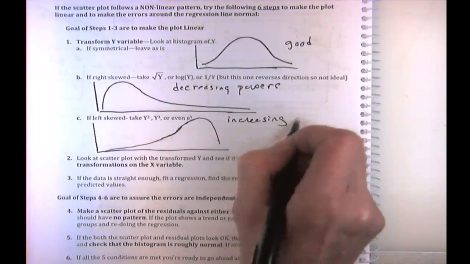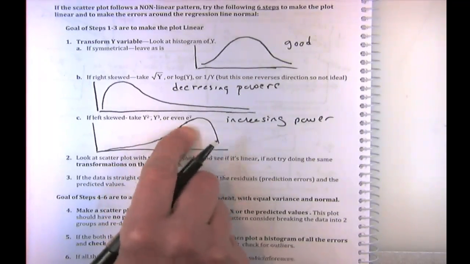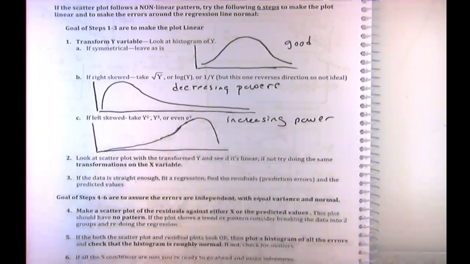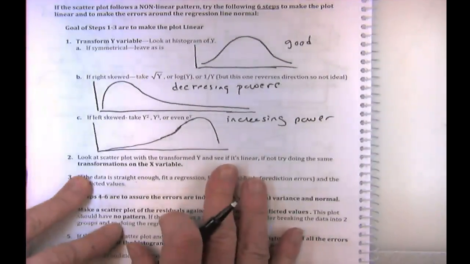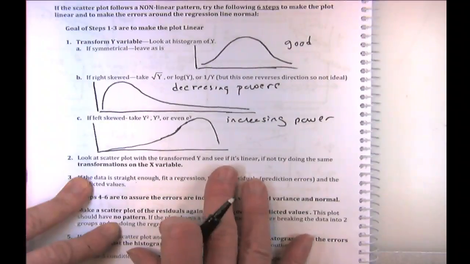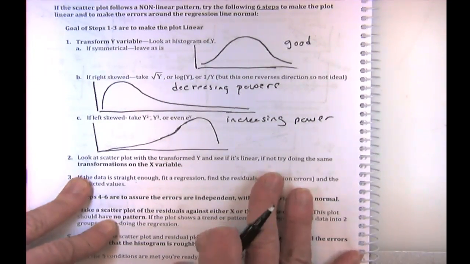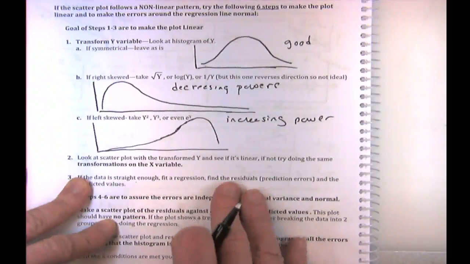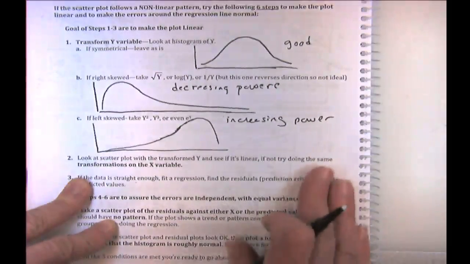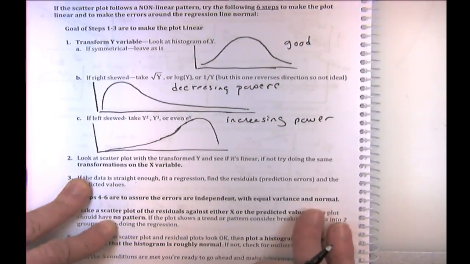And you'd start with y squared. If that didn't work, you could cube it or even put y in the exponent. Okay, so then you look at the scatter plot again with the transformed y and see if it's linear. And if it's linear, then you can do your regression on the transformed variables. If not, then you can do the same transformation on the x variable or variables.